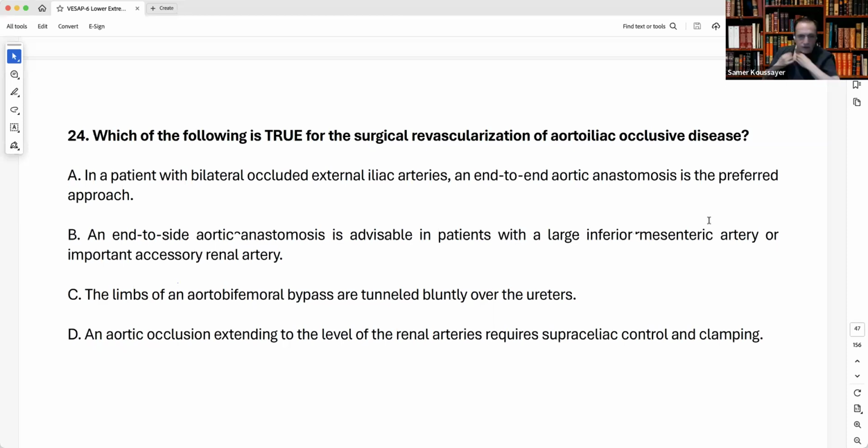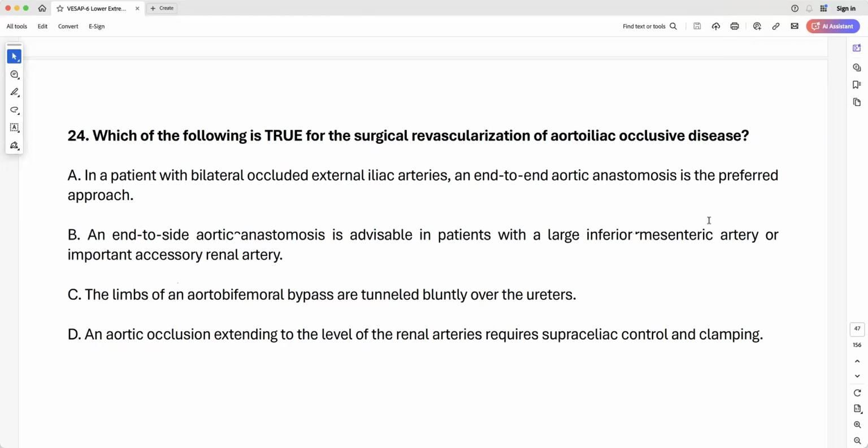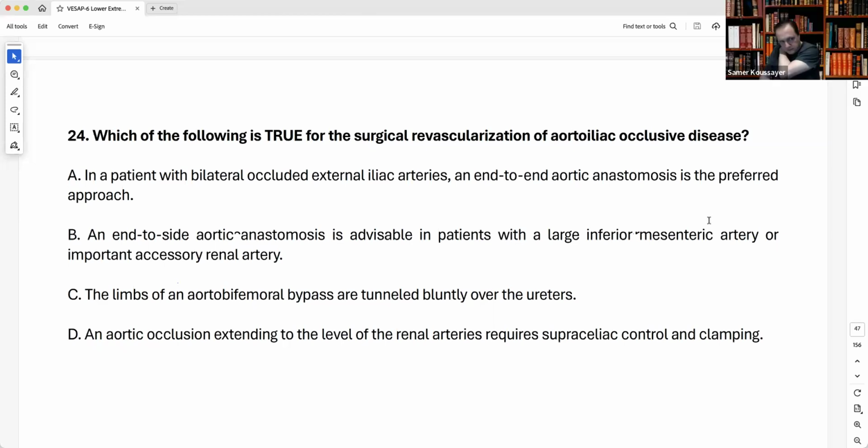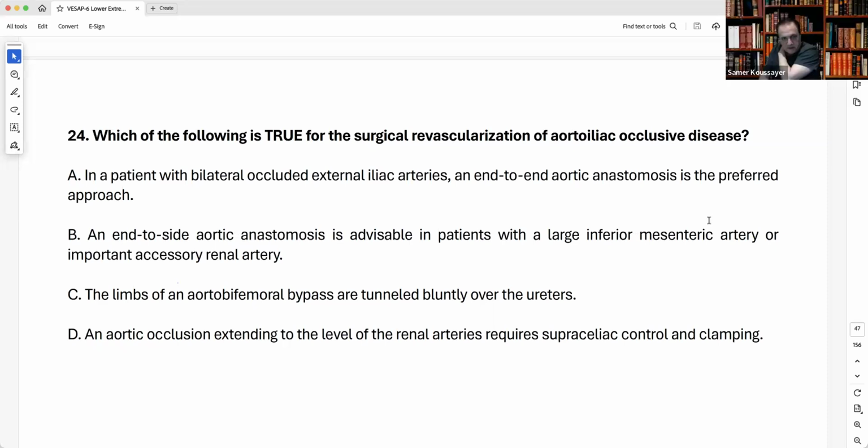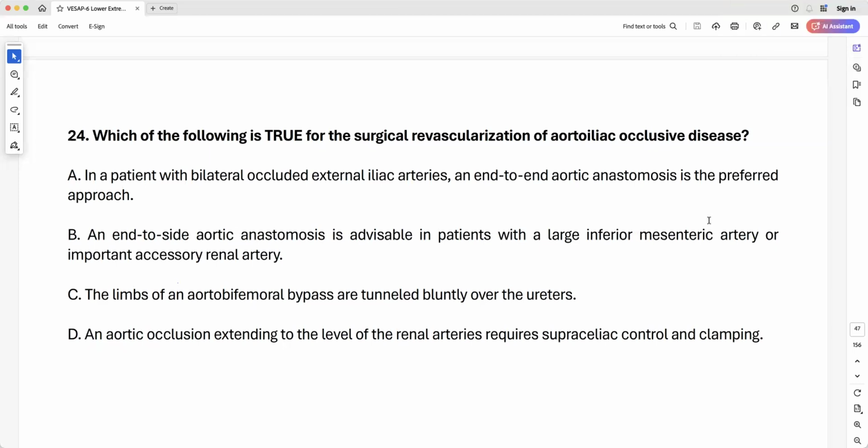You need to go supraceliac or suprarenal? Suprarenal, right? Why do you have to go suprarenal, not supraceliac? Yeah, so this is wrong. So the right answer is which one? B. B. Okay, right?